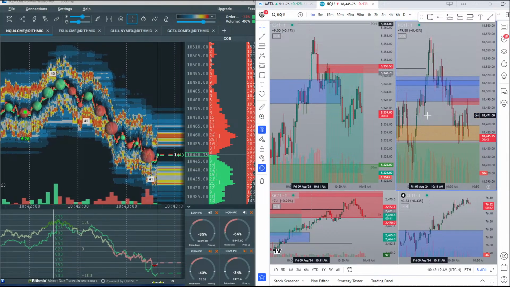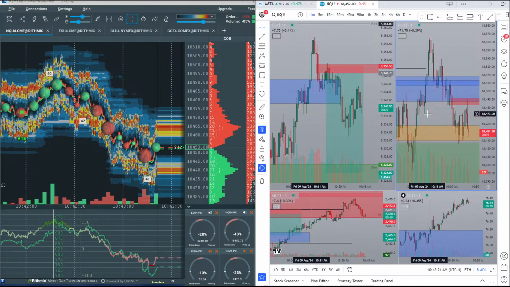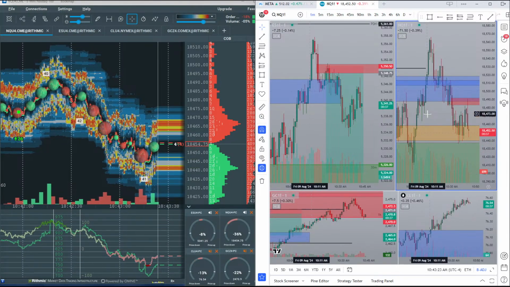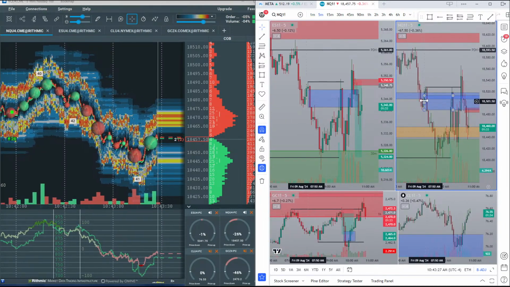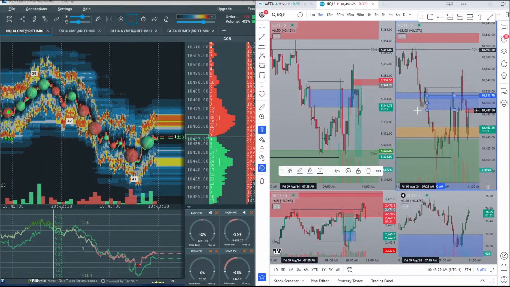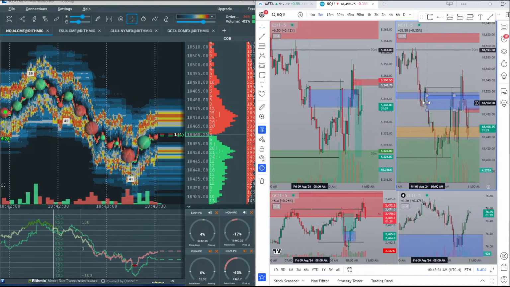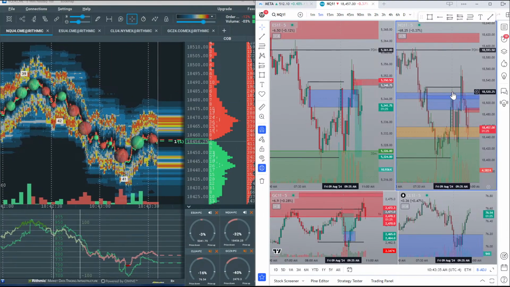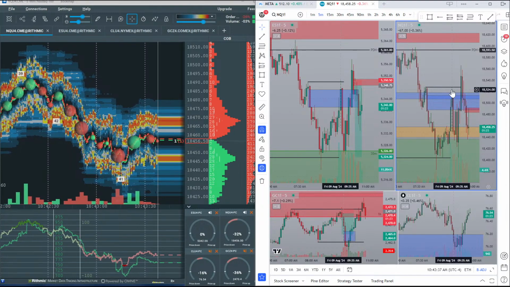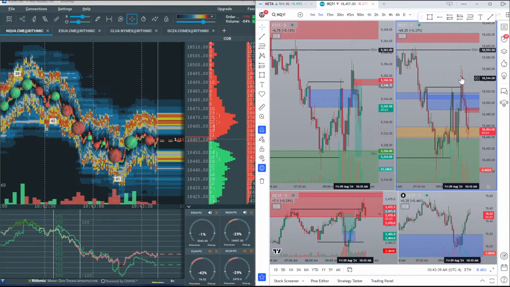Well, you get one inverse for each day of the week, so you can have 5 inverses because today's Friday. No, I'm saying that guy does inverse fair value gaps like per candle. Like this 5-minute fair value gap right here, we broke it. So that would be an inverse fair value gap. But then we broke it again, and then we broke it again.